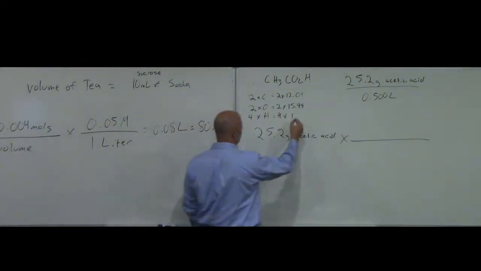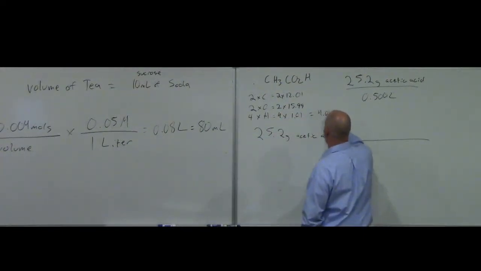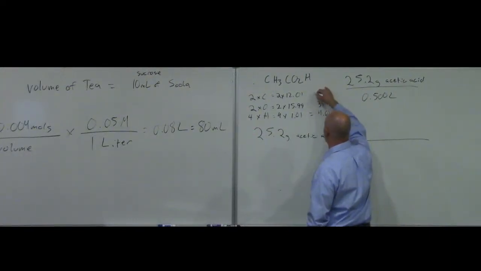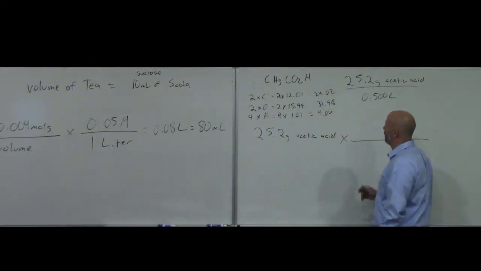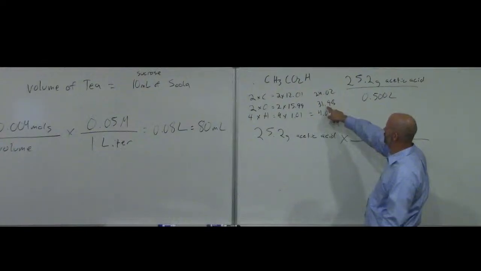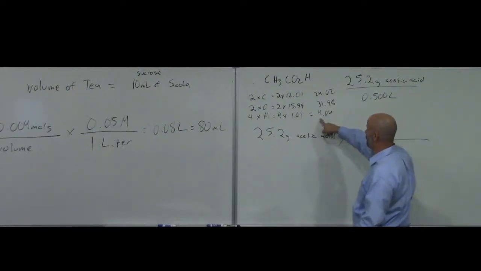That's going to round up, so 1.01, okay. When I do that math, I'm going to get 4.04, I'm going to get 31.98, I'm going to get 24.02. Add that up, what's that? It's going to be 60.04.